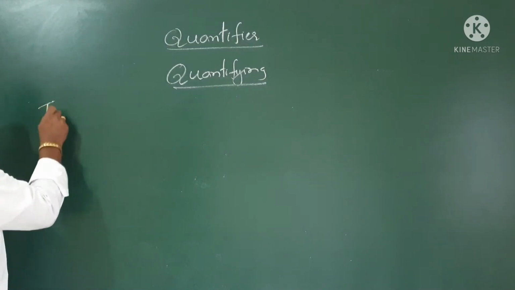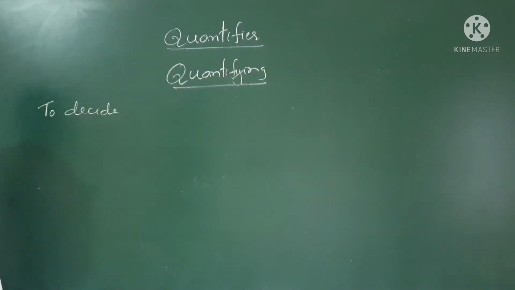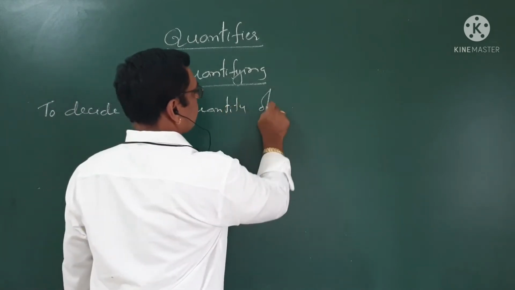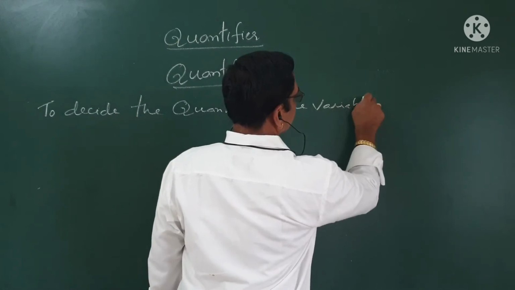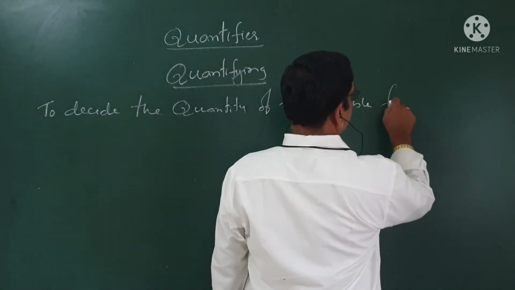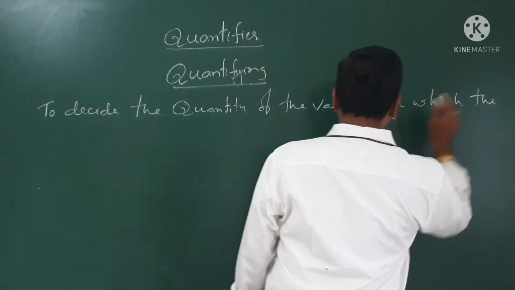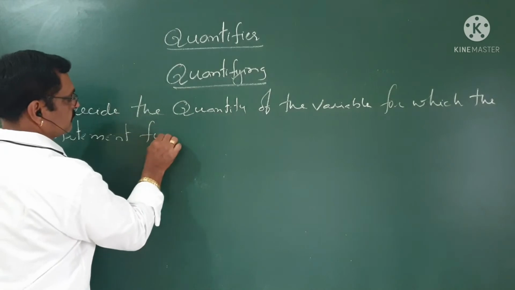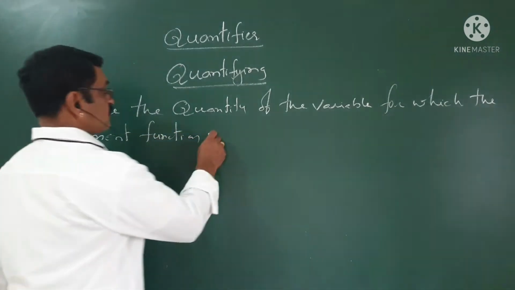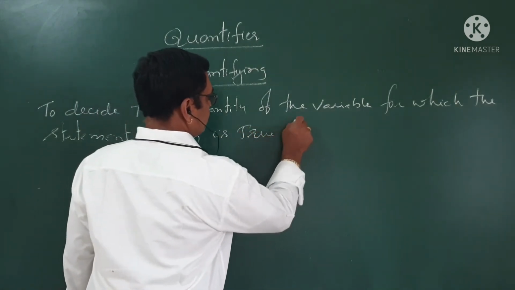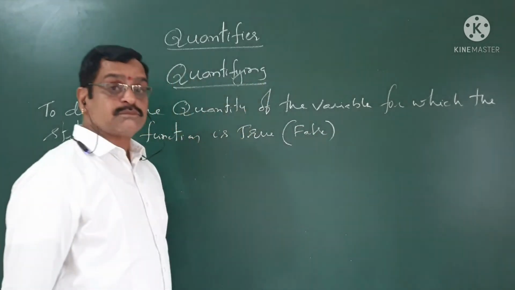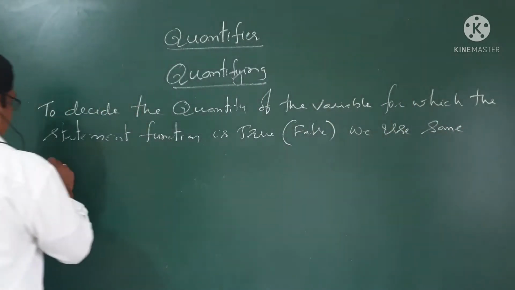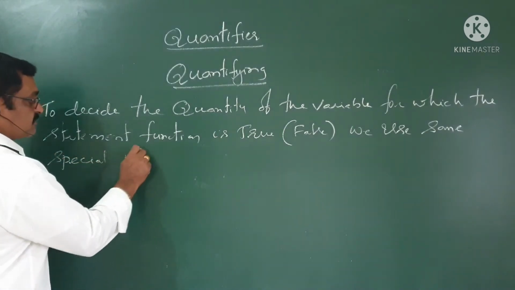So, to decide the quantity of the variables for which the statement function is true, of course we can use false also, we use some special phrases.